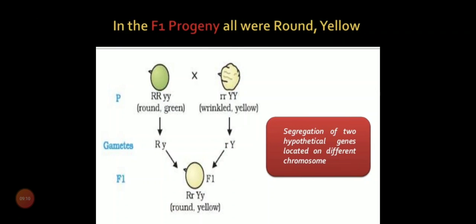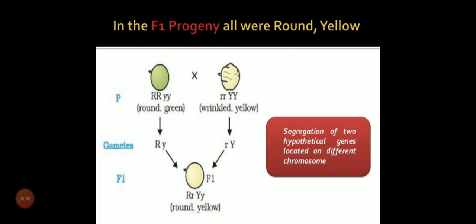In a dihybrid cross, if I cross the parent seeds, I will get the F1 generation RrYy, that is capital R and capital Y from the first seed and small r and small y from the second seed, and when we cross them we get the F1 generation with all four alleles. This is the segregation of two hypothetical genes located on different chromosomes.